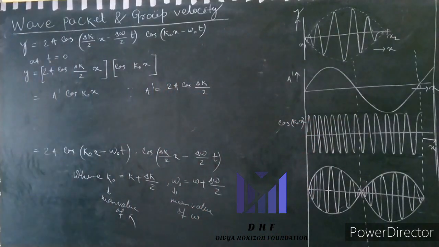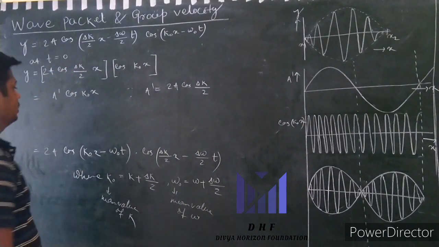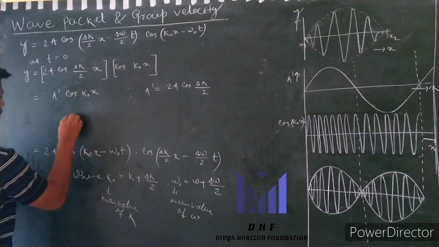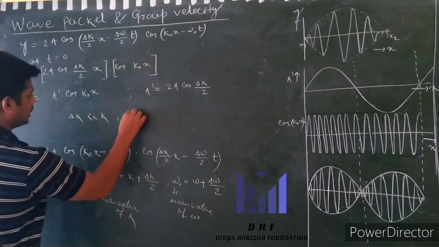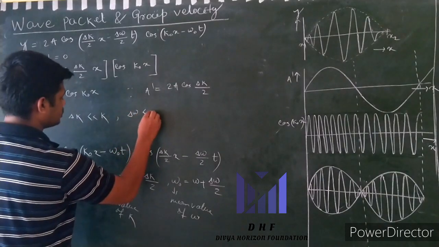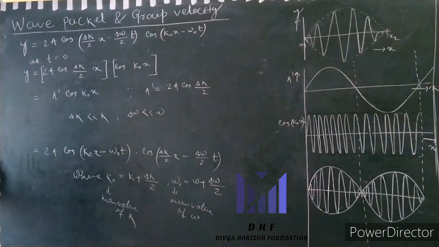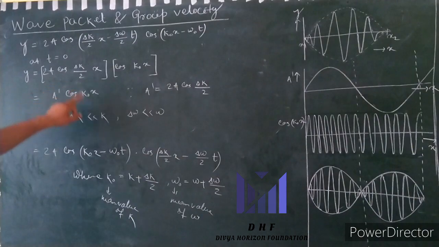We can see that in the term a dash, del k by 2 is very small, because del k is very small than k and del omega is very small than omega. As del k is very small than k, the variation of a dash with respect to x is very slow.